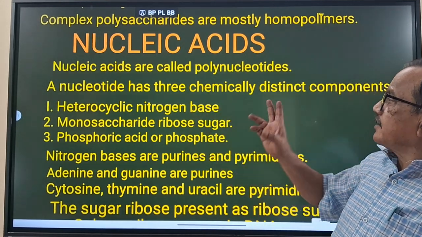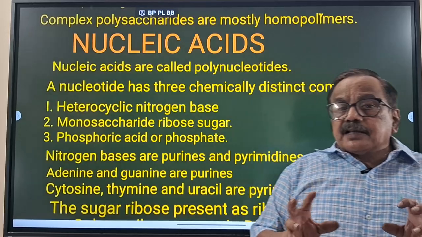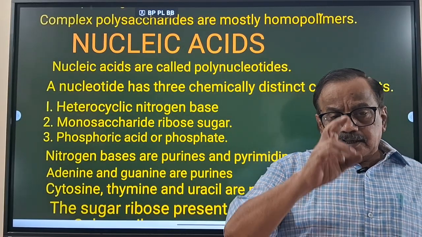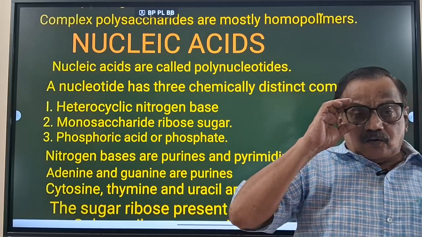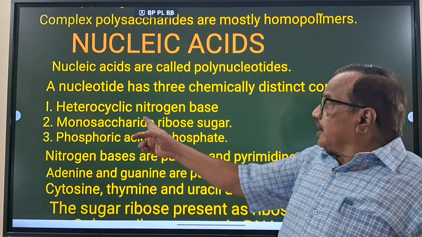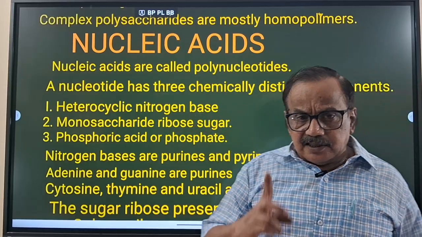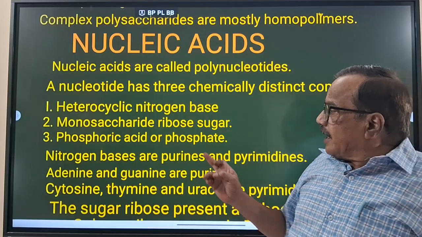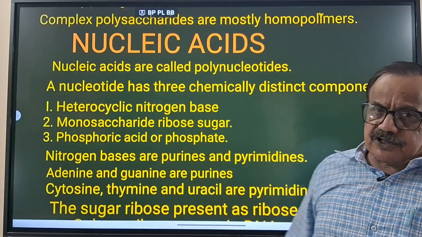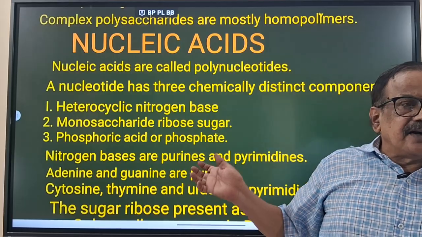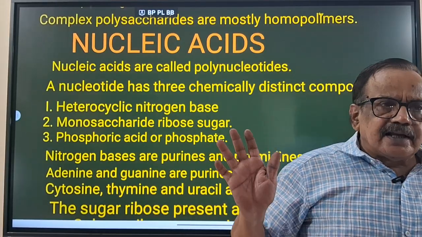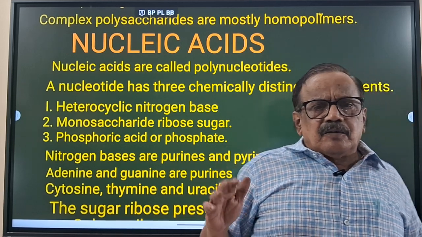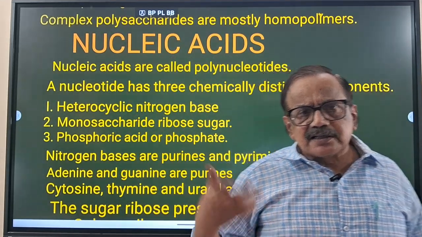So there are three components present in one nucleotide. What are they? A heterocyclic nitrogen base, a monosaccharide ribose sugar, and phosphoric acid or phosphate. The textbook has not given the diagram, but these things will come in detail in the molecular basis of inheritance, DNA structure and RNA structure.